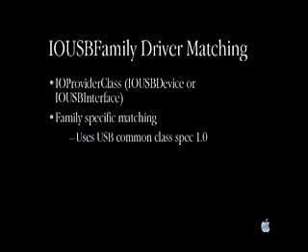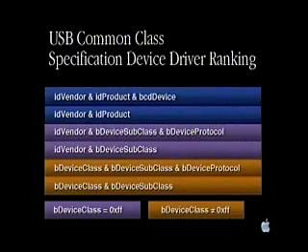to match against drivers. And just by chance, here I have a copy of the table that is used by the Common Class Spec to specify device as opposed to interface driver rankings. All the fields in the boxes are fields of the USB device descriptor.